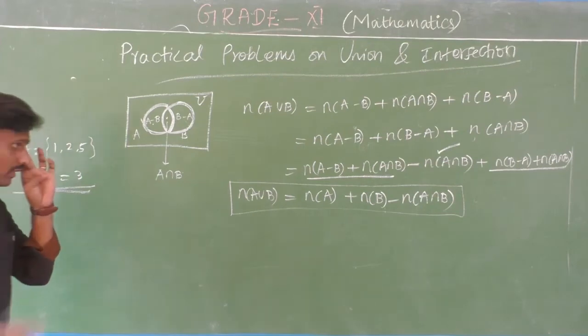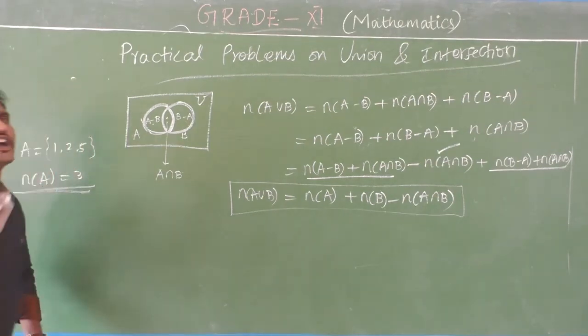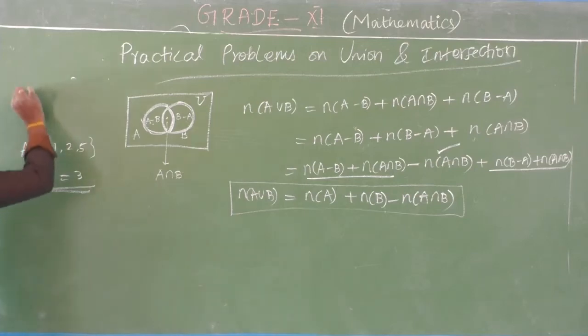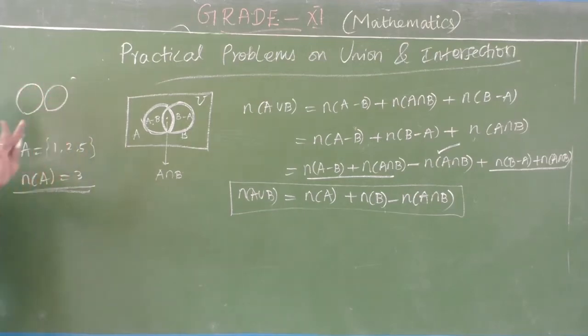Suppose a and b are disjoint sets. So already you know what a disjoint set is. There is no common element in both a and b. It cannot join on both. So these kinds of sets we mention as disjoint sets.